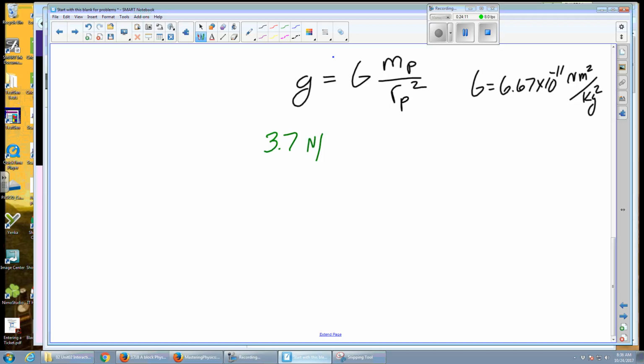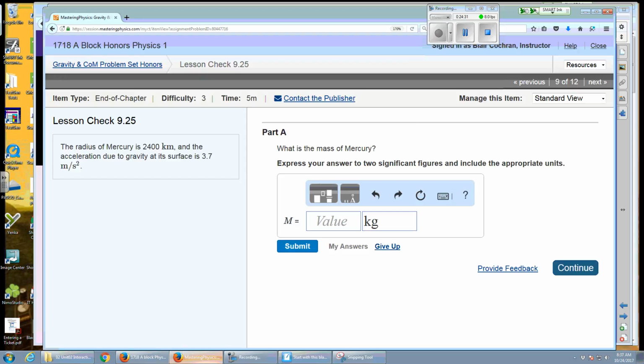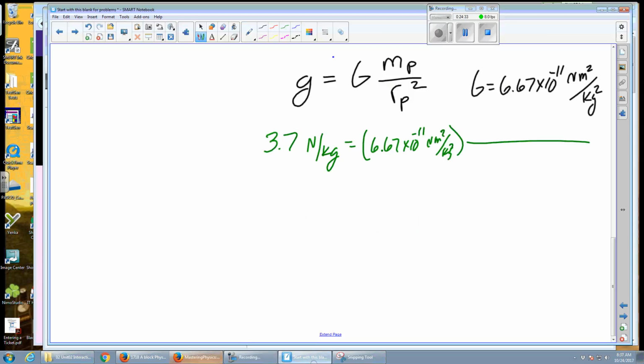I'm going to put that in newtons per kilogram because that's the right units for gravitational field strength. Put in my value for big G, newton meter squared per kilogram squared. They want to know the mass of Mercury. Oh, good.